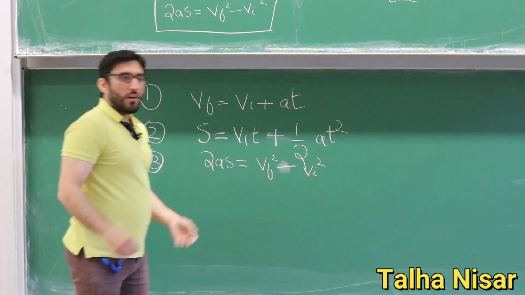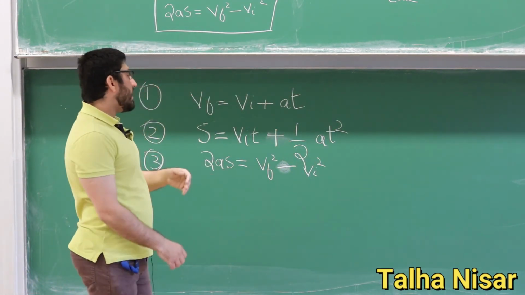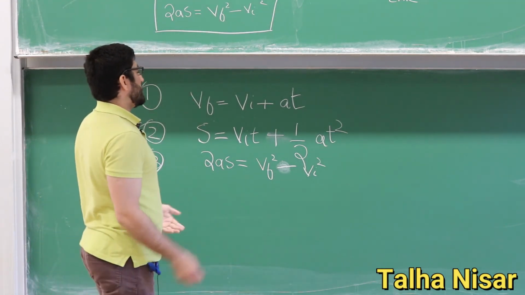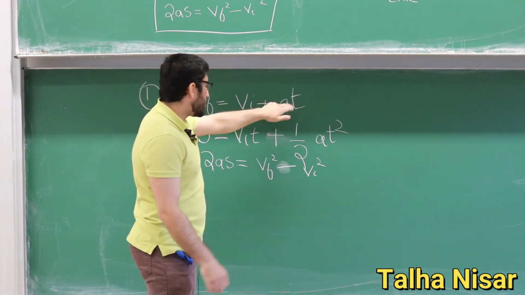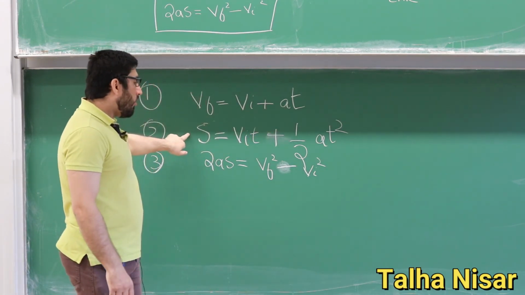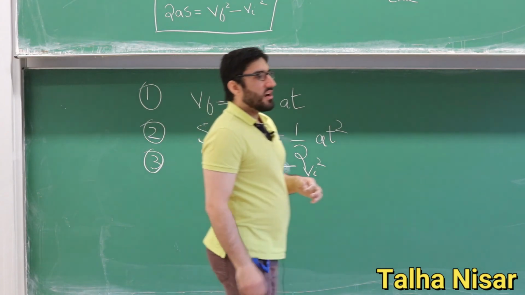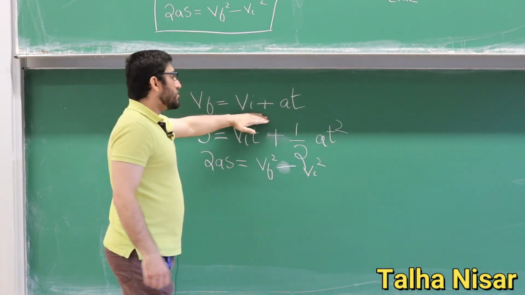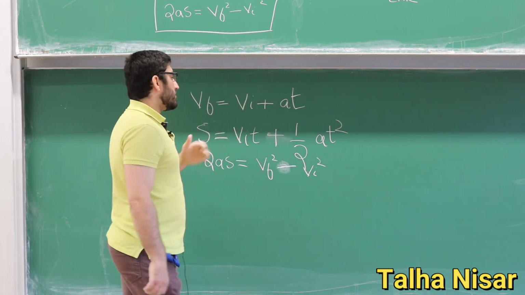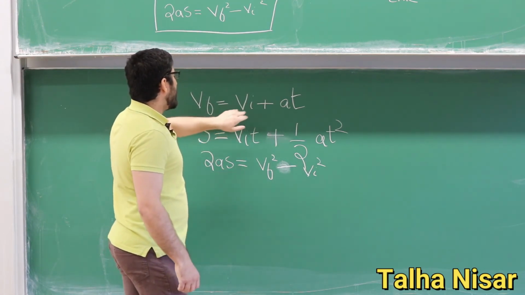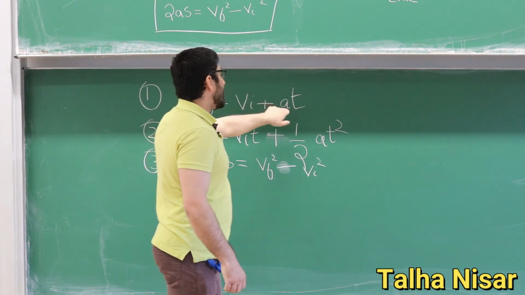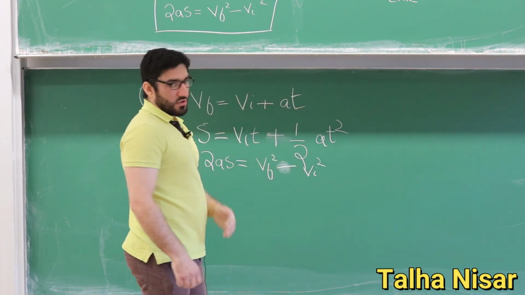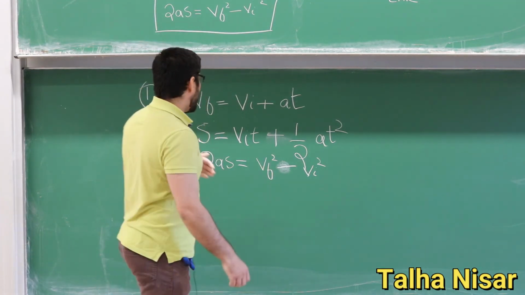Why do we need them? These equations relate the initial velocity, final velocity, acceleration, time, and distance. You see all the terms that are associated with motion. If we have certain given values, for example, the initial velocity, the acceleration of the object, and the time, and we want to know the final velocity, we can just calculate the final velocity.